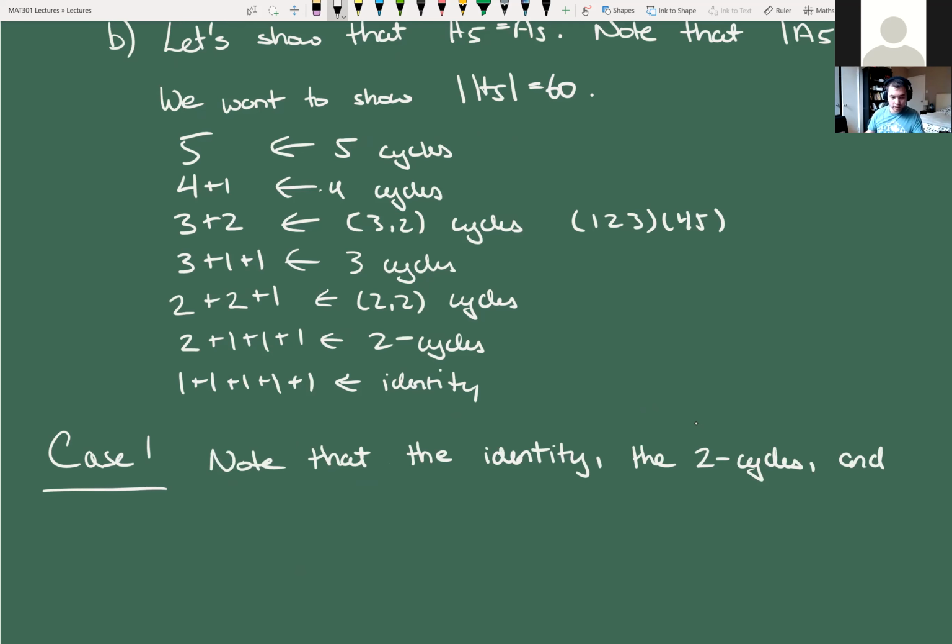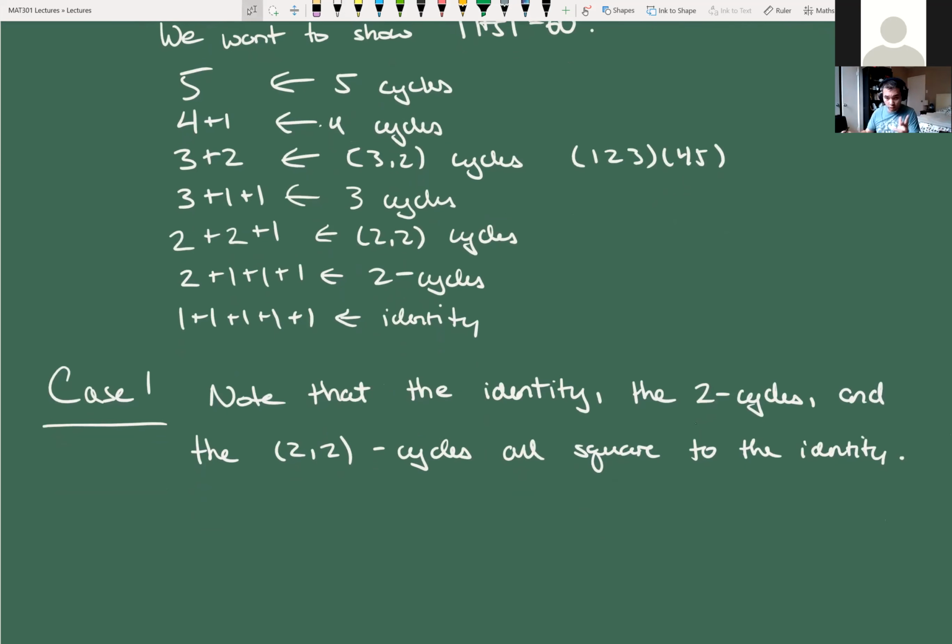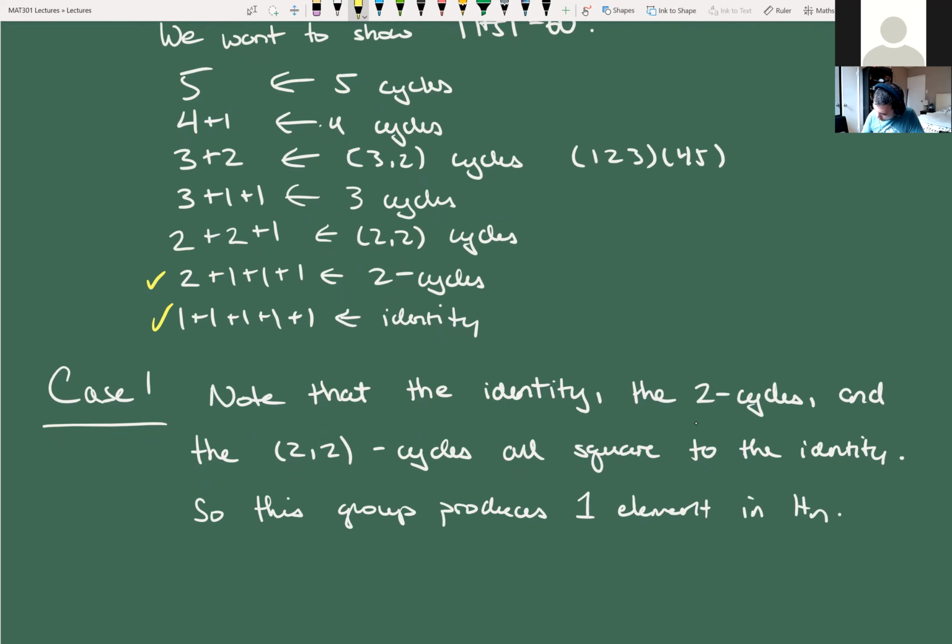So the identity, the 2 cycles and the 2 2 cycles all square to the identity. Okay, so they only add one thing, right? They all become the identity. So there's one thing. They produce just one element in H5. Okay, so this is done, and this is done.